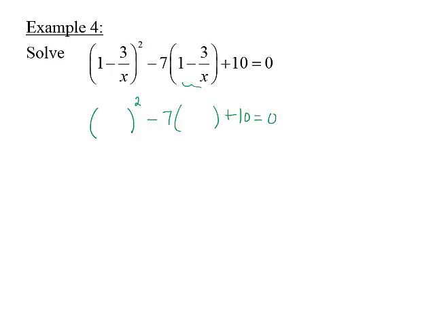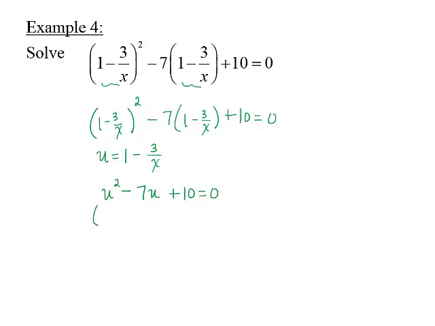That something is 1 minus 3 divided by x. So we want to let u equal 1 minus 3 divided by x. Replacing the 1 minus 3 over x with u gives us u squared minus 7u plus 10 equals 0.